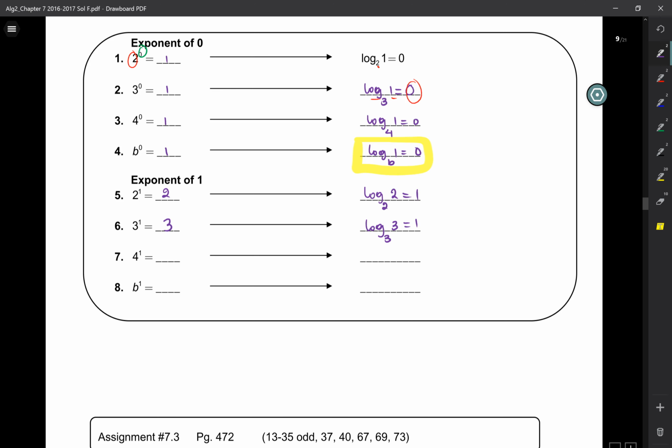What's 4 to the 1? Okay, what about b to the 1? B to the 1 is b. What does the logarithm look like? Log base b of b equals 1. Okay, so tell me what the pattern is.